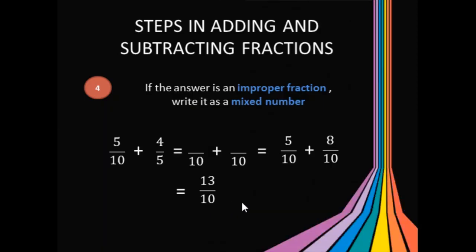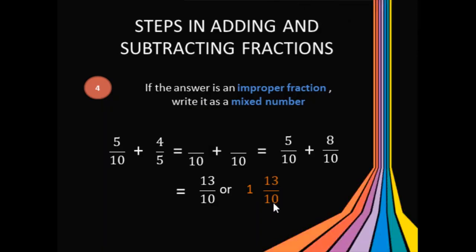Thus, we get 1 and 3 tenths. Okay? That's why we get 1 and 3 tenths. If you check it, it's 10 times 1. It's 10 plus 3, it's 13. So it's the same with 13 over 10.